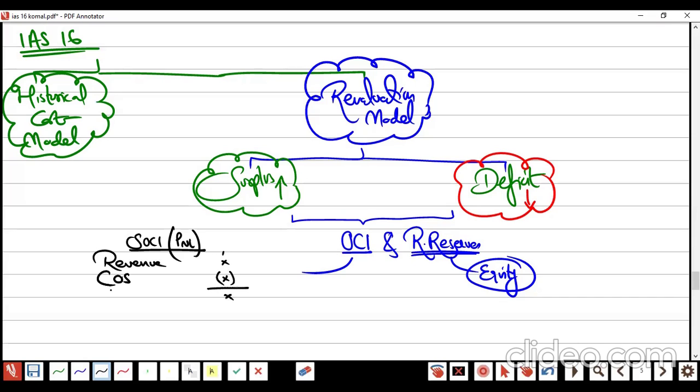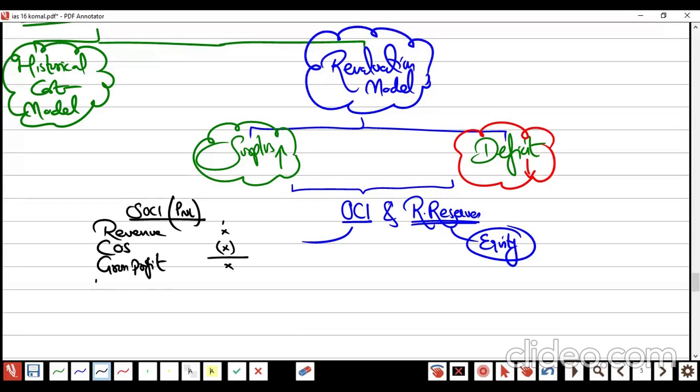After cost of sale, we have GP, gross profit. Then we have admin expenses, then distribution costs, then some other expenses, gain on disposal, loss. I'm making it very short, okay? That is called profit from operations.